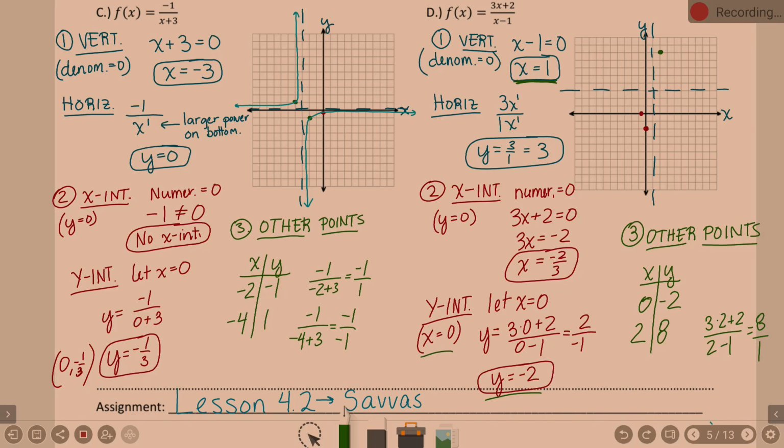Does that put me in that same quadrant? Okay. Puts me in the quadrant I expected to be in. Connect your dots. Notice, as I connect my dots, I'm making sure that my graph runs along my 2 asymptotes.